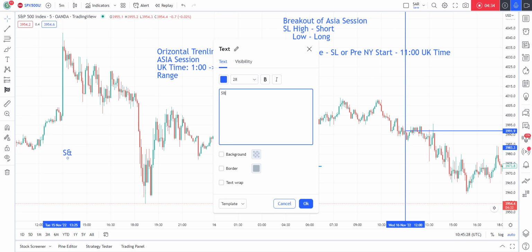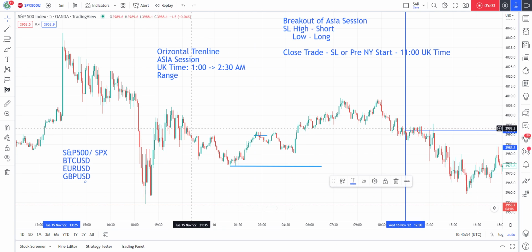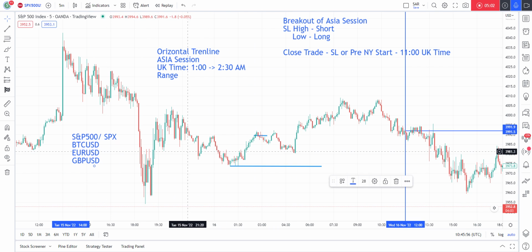S&P 500 or SPX, which is available as futures or CFD, Bitcoin, Euro dollar, GBP USD, and other various indexes that you'd like to use, or other cryptos that you like to use. These were tested on, and they tend to be quite productive, as in profitable.